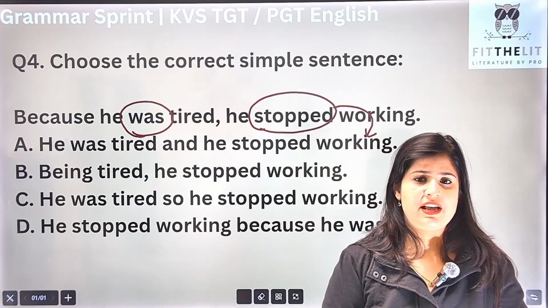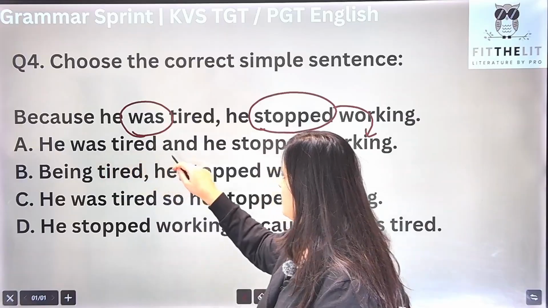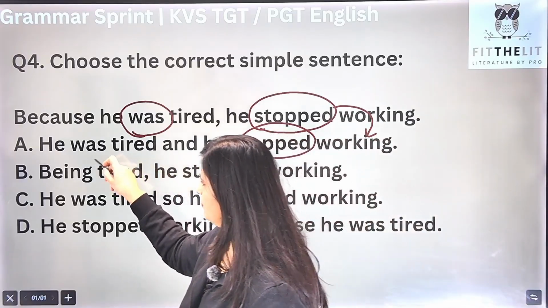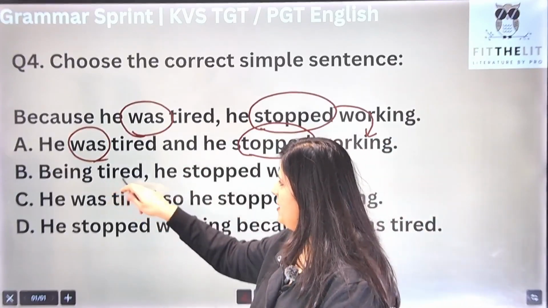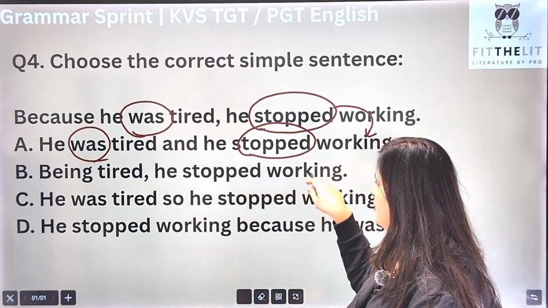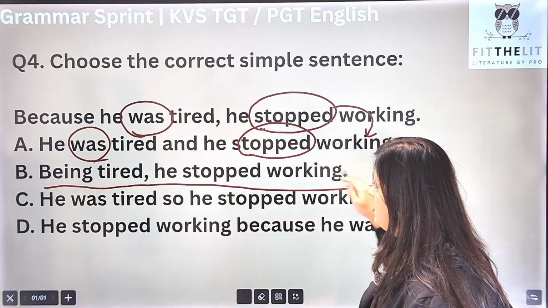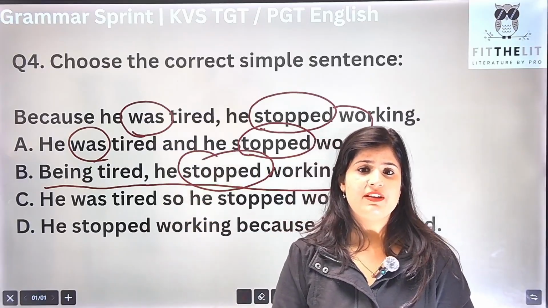We need to choose a sentence which has only one finite verb. He was tired and he stopped working. Again, यहाँ पे भी दो ही हैं. Okay. Then we have being tired, he stopped working. यहाँ पे if you look at it closely, यहाँ पे सिर्फ एक ही finite verb है.